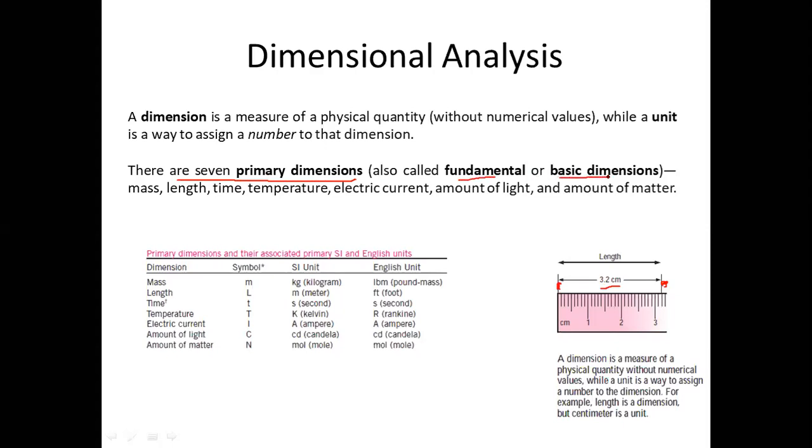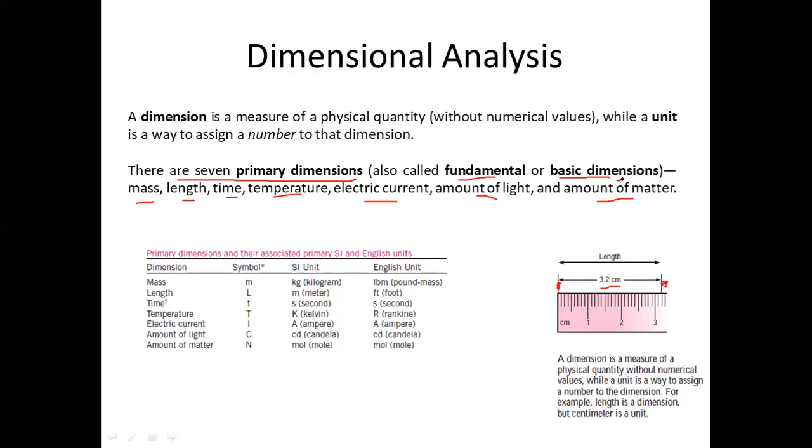If a question is asked, how many basic dimensions are there, you should answer 7. What are these dimensions? These are the dimensions of mass, length, time, temperature, electric current, amount of light, and amount of matter.